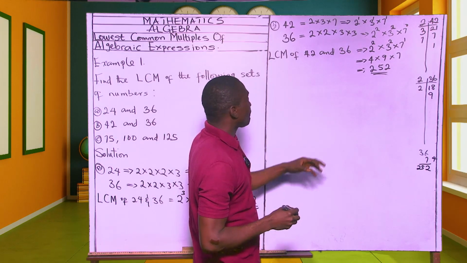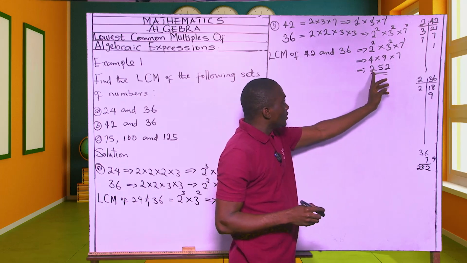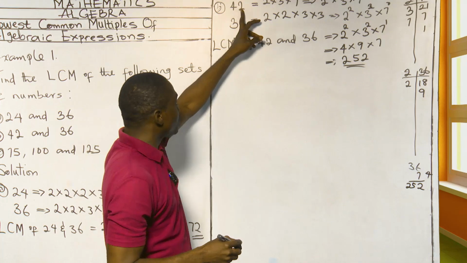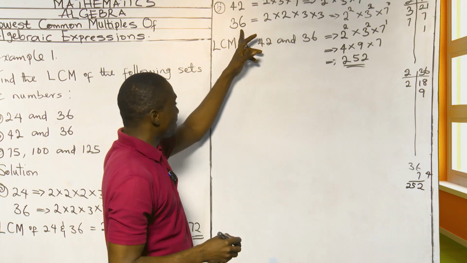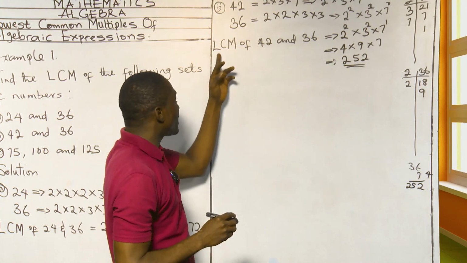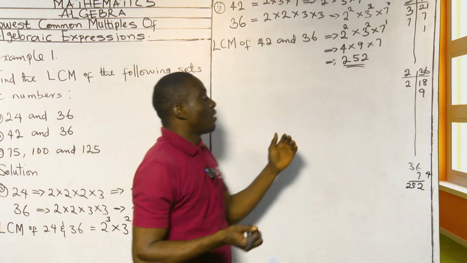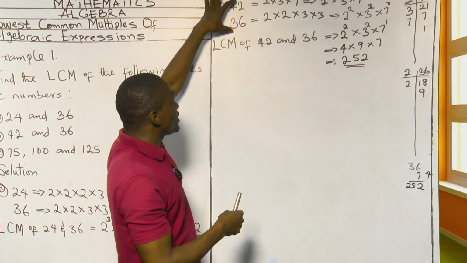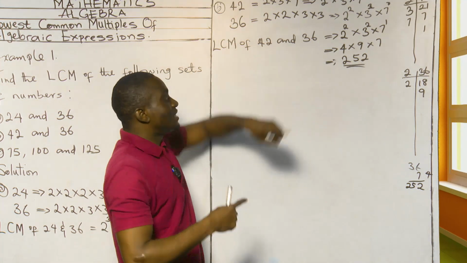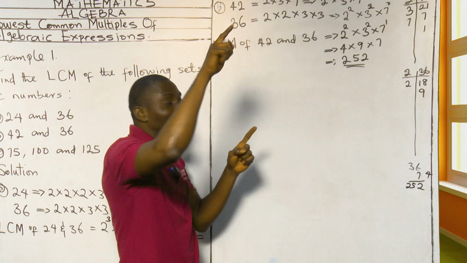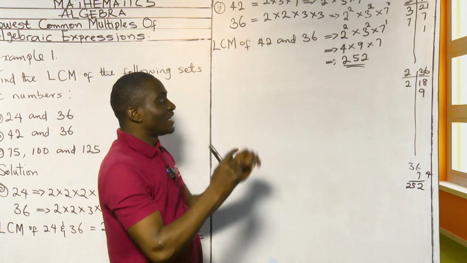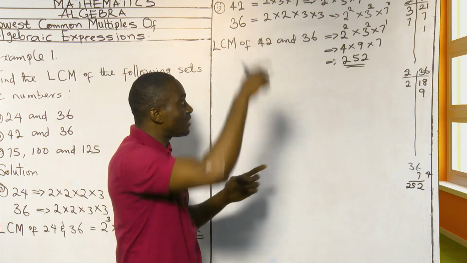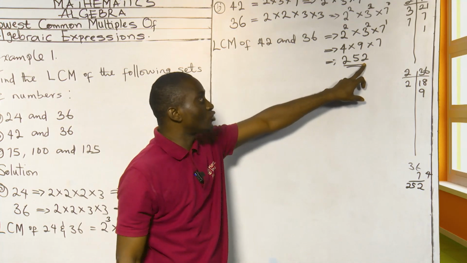That is to say, 252 is divisible by 42 and by 36. Now, the meaning of LCM is that there are many numbers that are divisible by these two numbers. But out of those numbers, the lowest among them is 252.